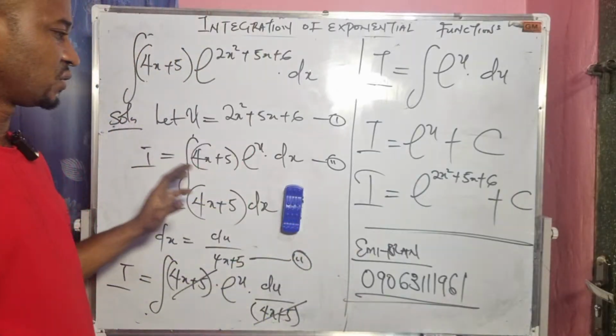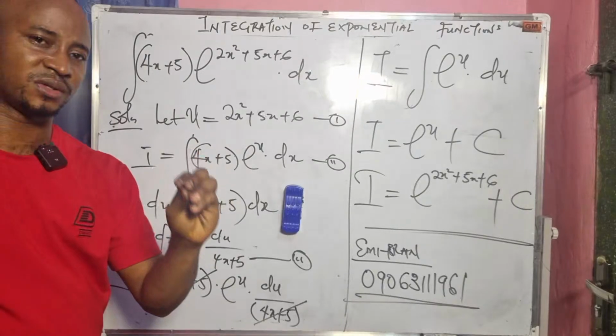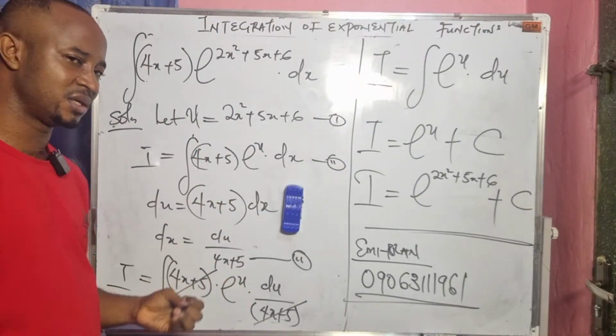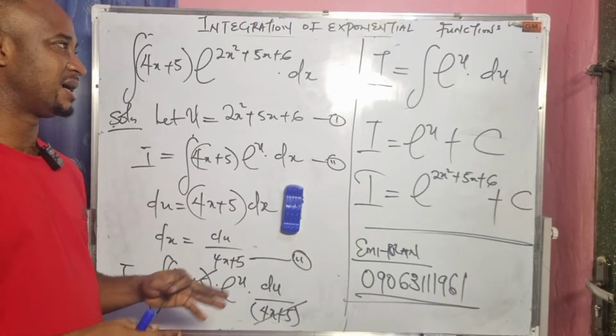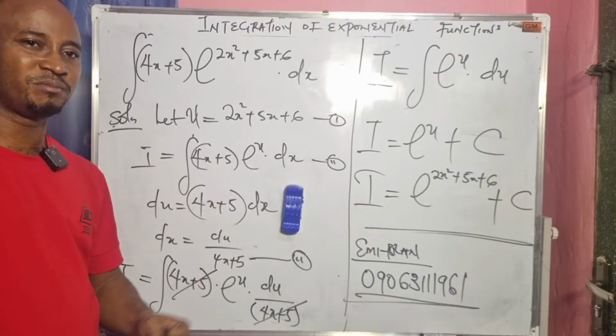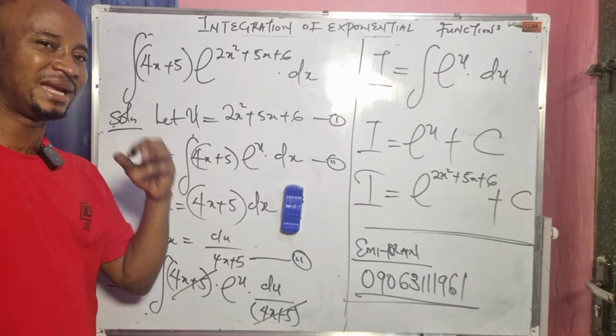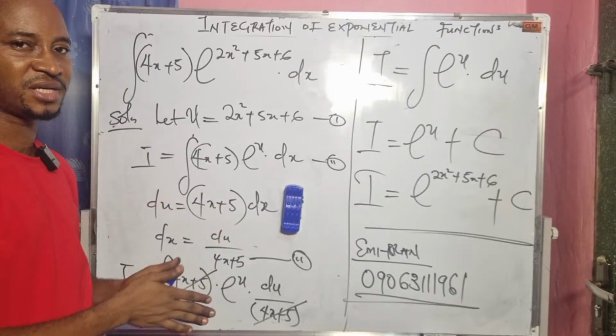So please make sure you go to all these classes we have been having. For those of you who just joined us, we have done the first class on integration, the second class, and this is the third class. This class on integration will be sectioned into 5. The next class will be by parts. Then the last class will be integration by partial fraction.